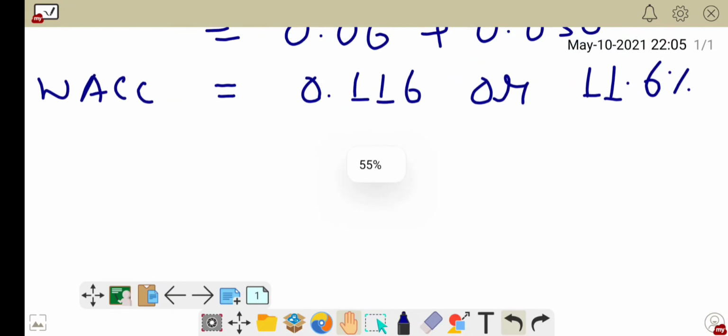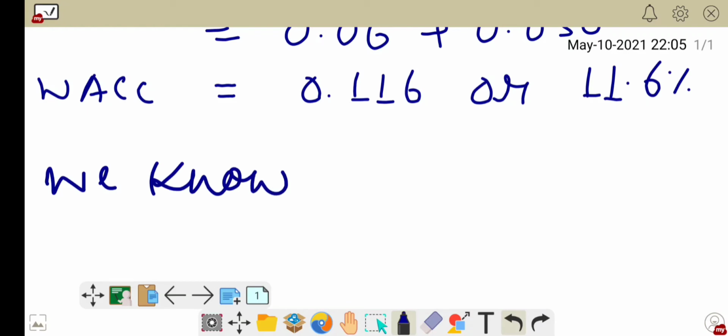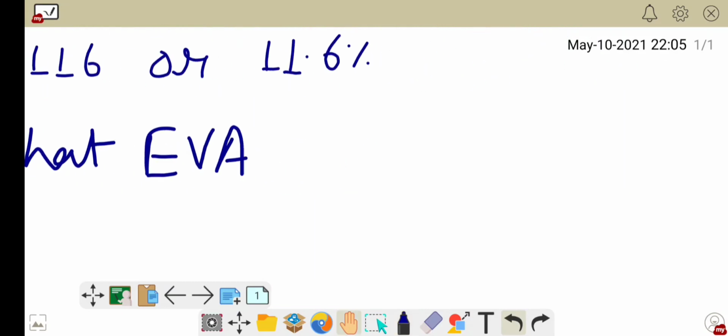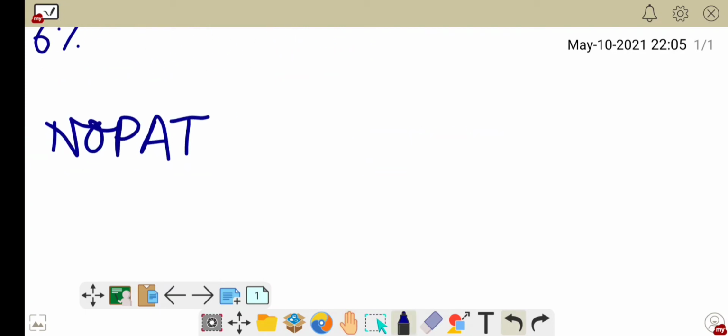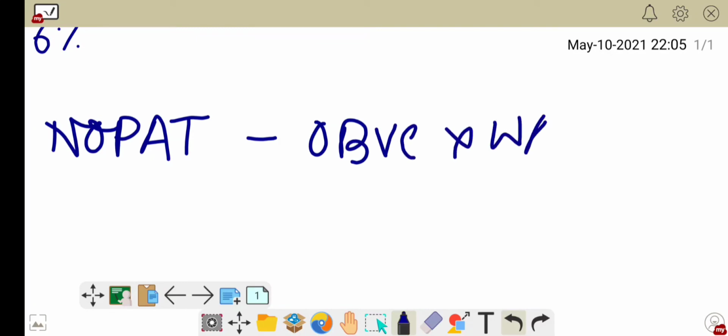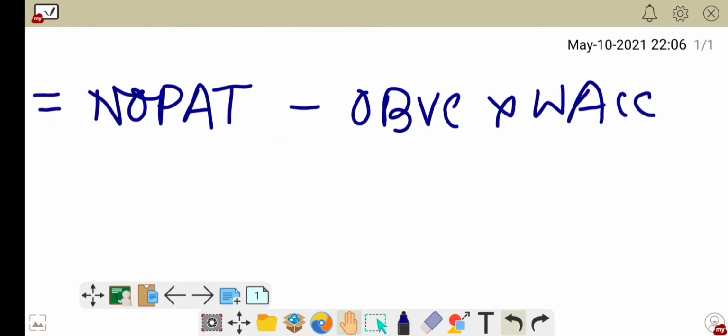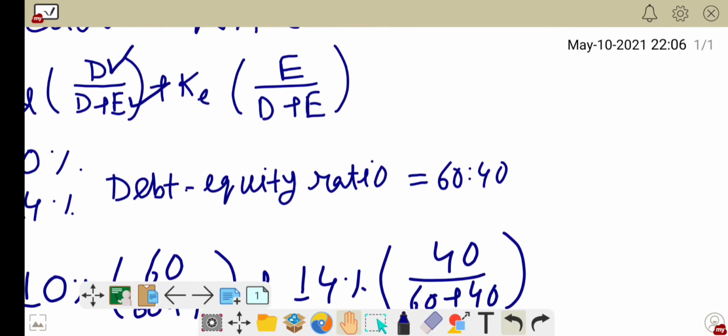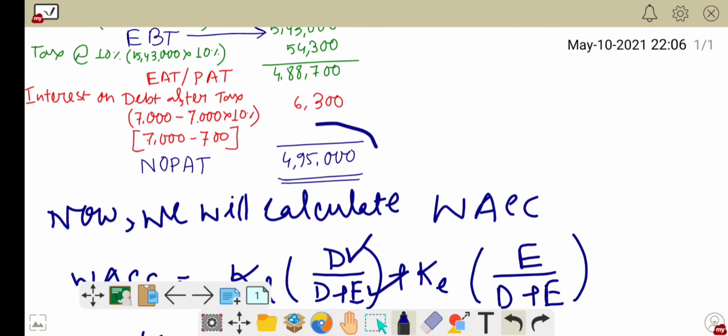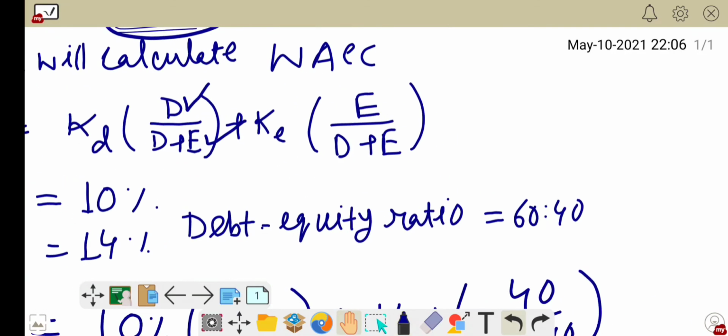We know that EVA equals NOPAT minus OBVC into weighted average cost of capital. NOPAT is valued at 4,95,000.